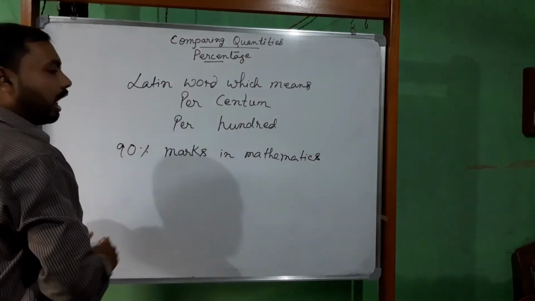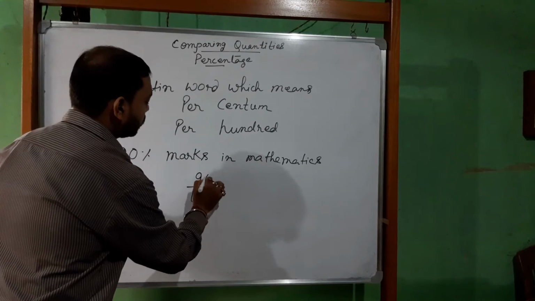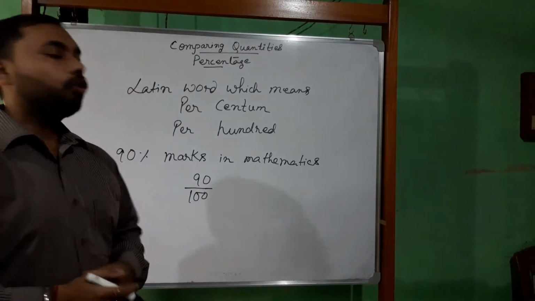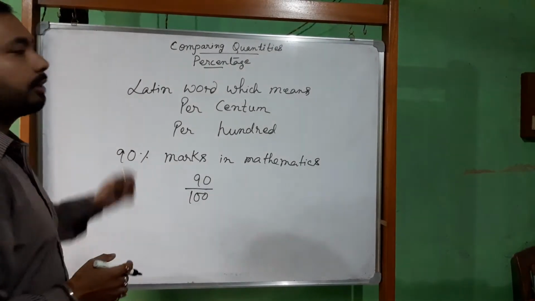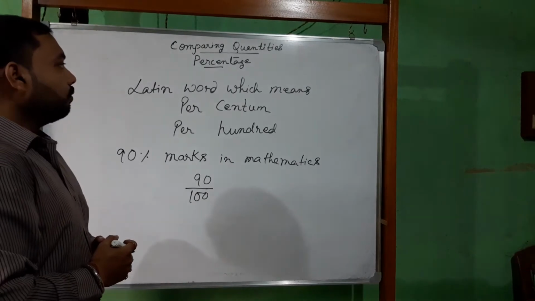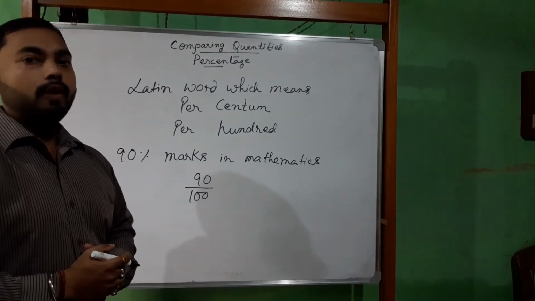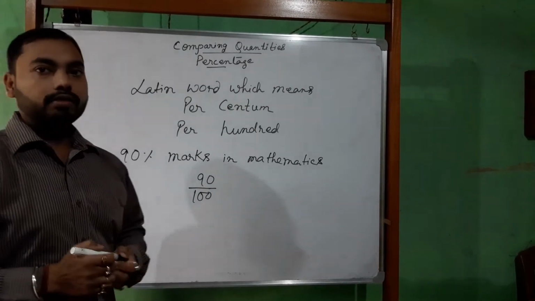That means out of 100 you have achieved 90 marks. So 90% means out of 100 you have achieved 90 marks. Now I shall tell you how to convert fraction or decimal into percentage.